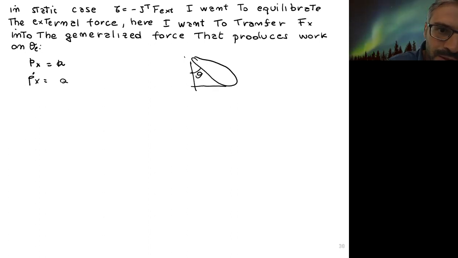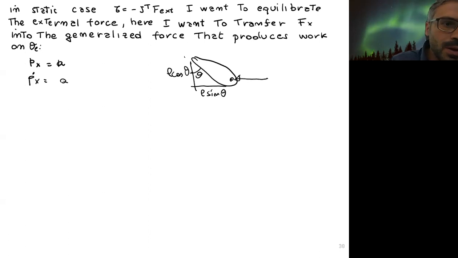This is theta, this is L cosine of theta, this is L sine of theta. Okay, if we differentiate L sine of theta, we get L cosine of theta, theta dot.